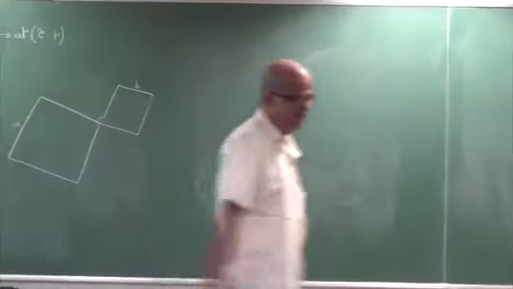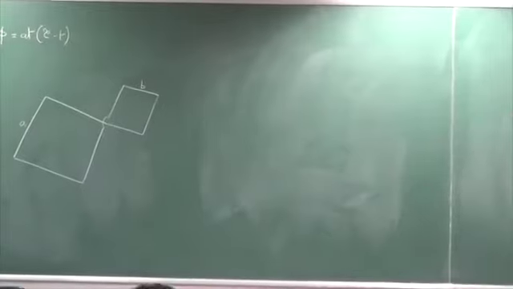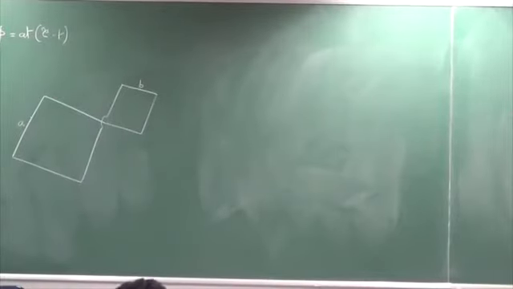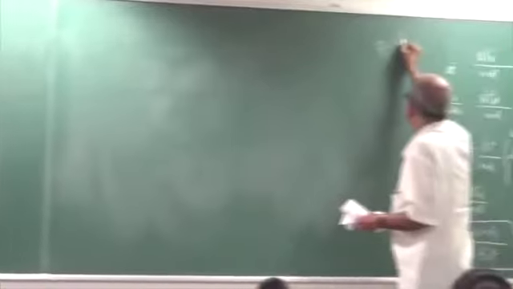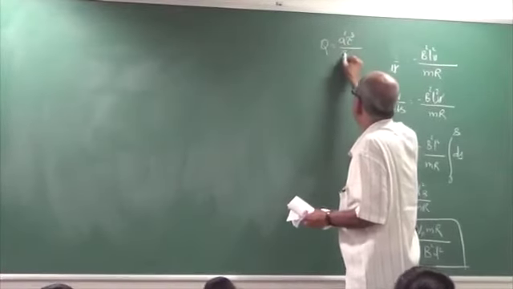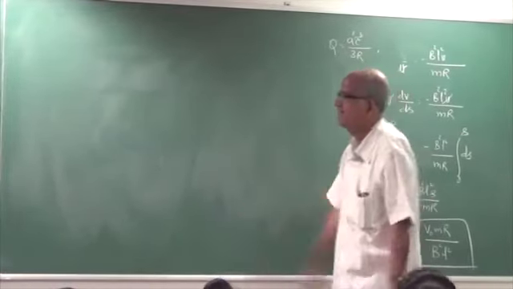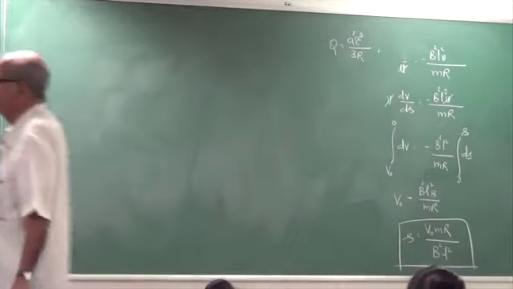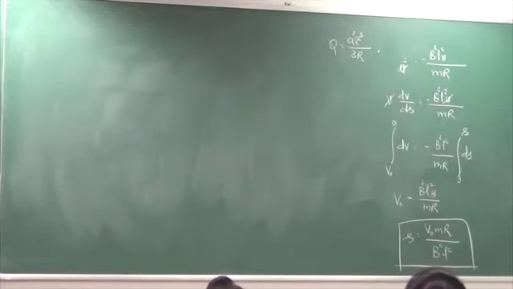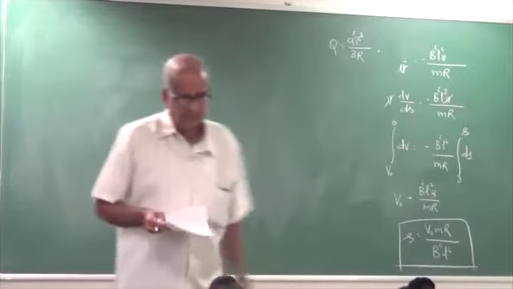The amount of heat released in a time tau, you get it as A squared tau cubed by 3R. Got the answer?